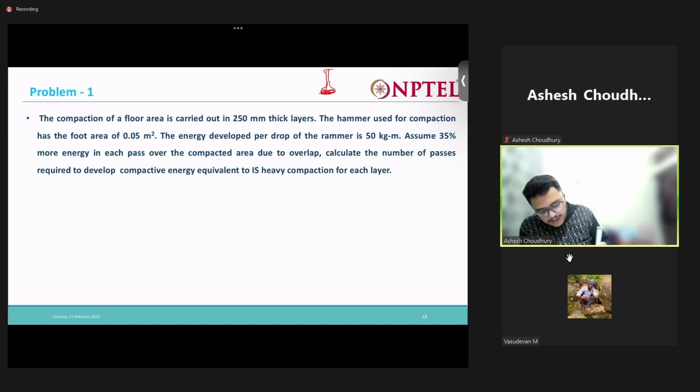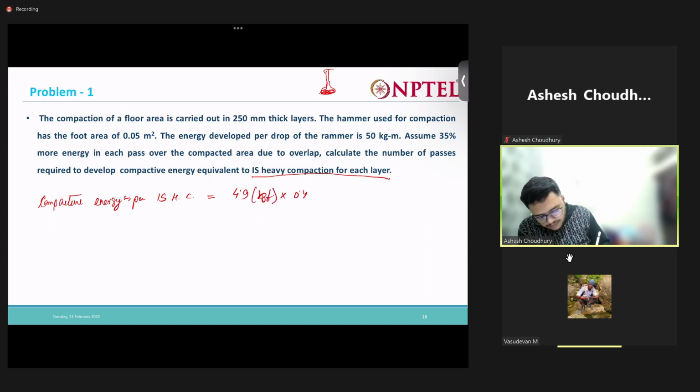As per IS heavy compaction, the energy is equal to 4.9 kg force into 0.45 meter.